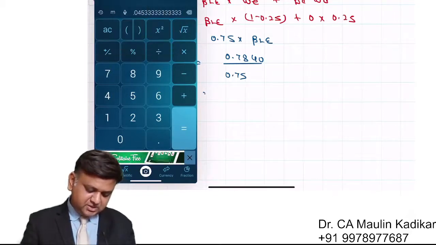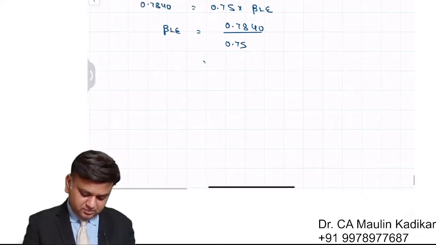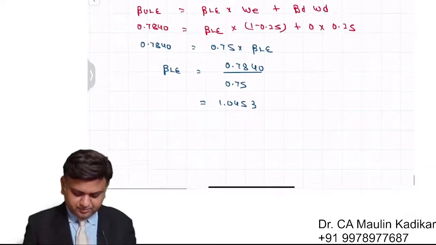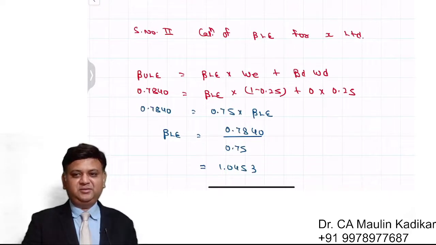So the answer is 1.0453. That is the way the beta of levered equity is calculated.